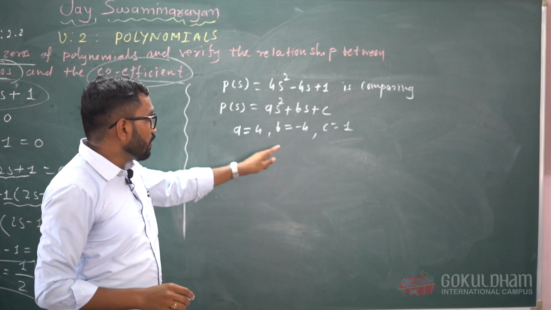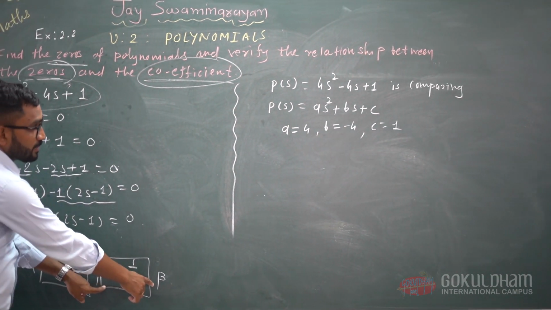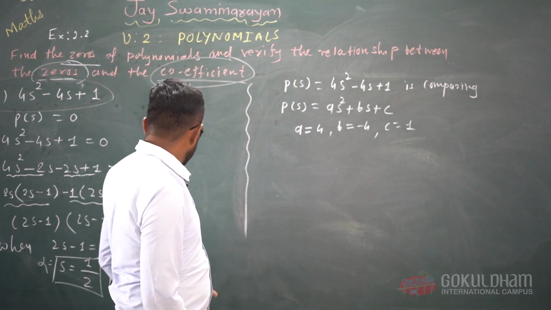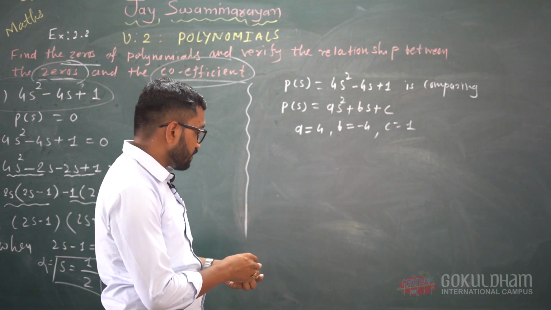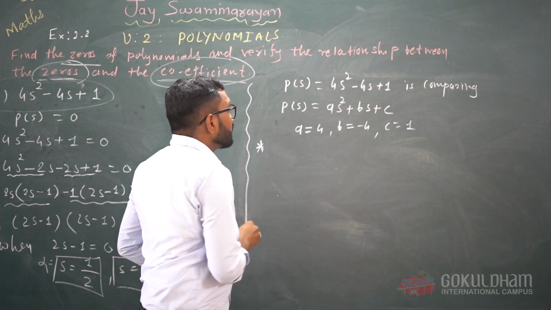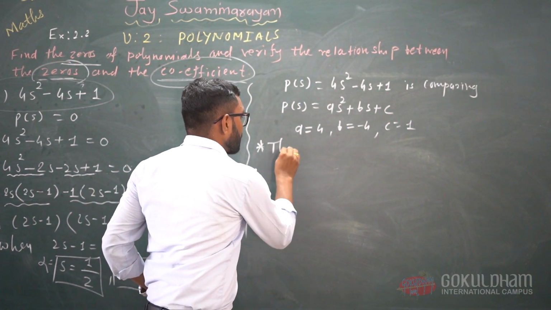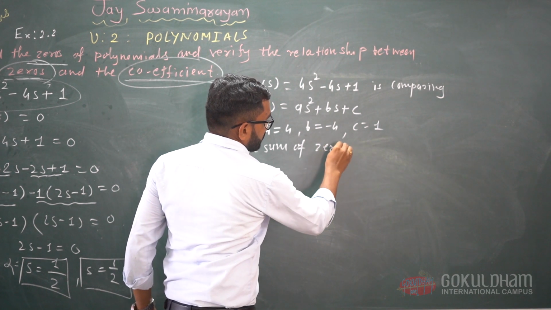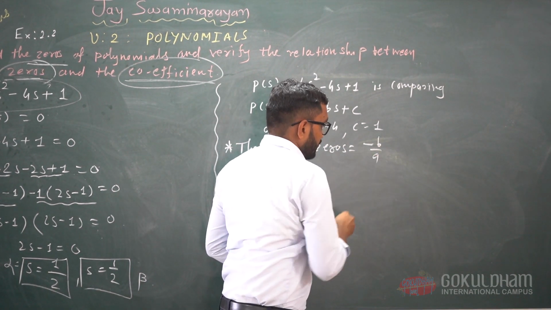So we get all the values: alpha, beta, a, b and c. All values are given. Now find the relationship. The relationship is the sum of zeros.